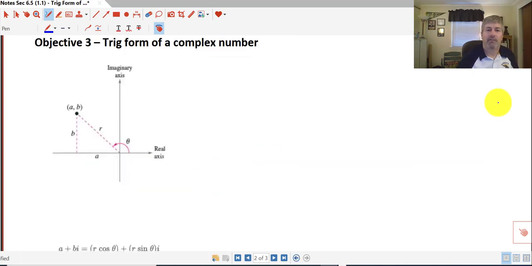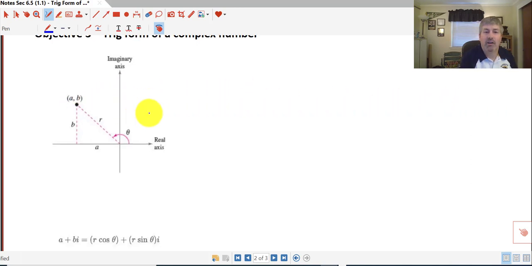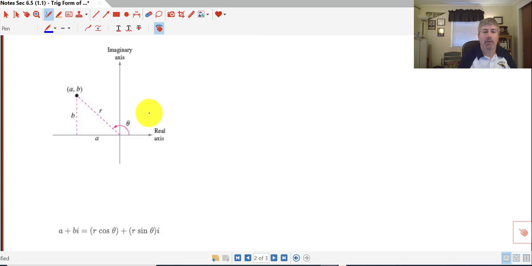Our final objective, objective 3, is to find the trig form of a complex number. We have our imaginary axis and our real axis, and we have our point (a, b). Just like we saw on the real coordinate plane, our x values, or our a values, are cosine, and our y values, or imaginary values, are sine.